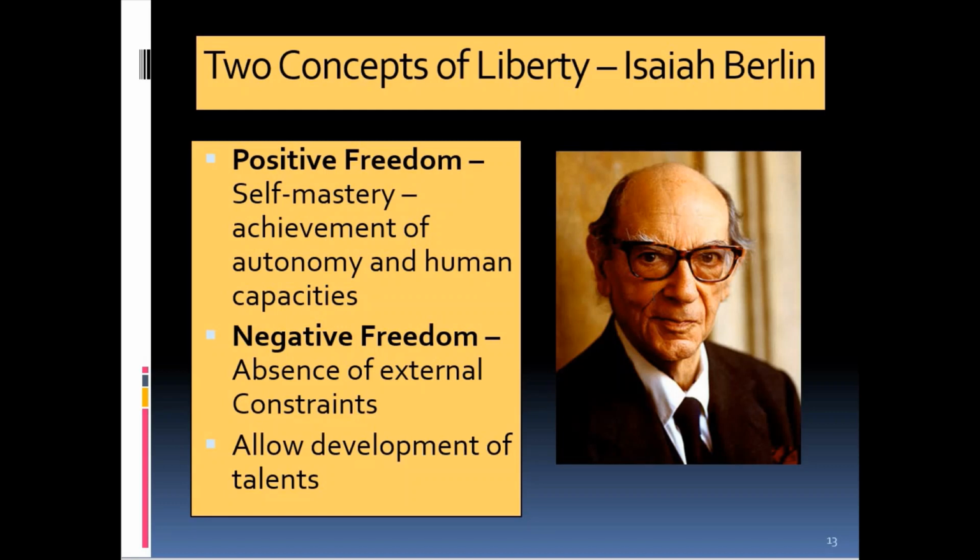Negative freedom is about the absence of external constraints. So in a sense, the role of government is to remove constraints to the exercise of positive freedom, right?